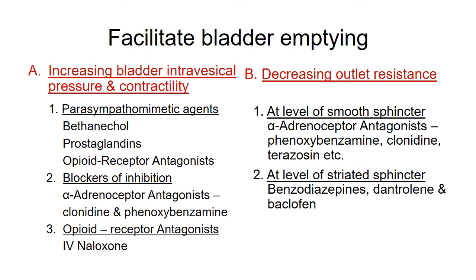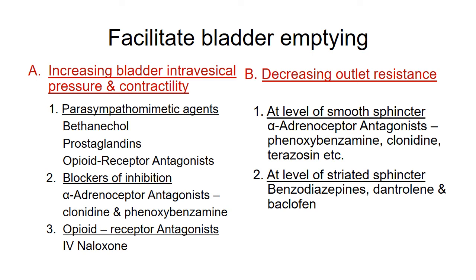Now coming to pharmacological treatment for facilitating bladder emptying. For increasing bladder emptying or voiding, we have to increase the bladder intravesical pressure or contraction, or at the outlet level we have to decrease the resistance.